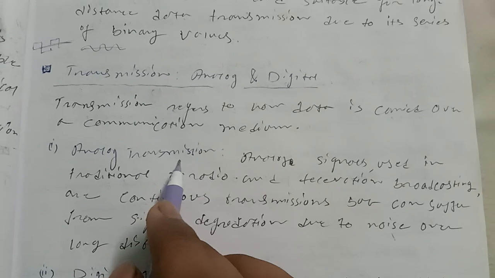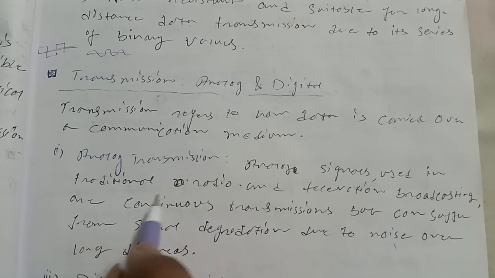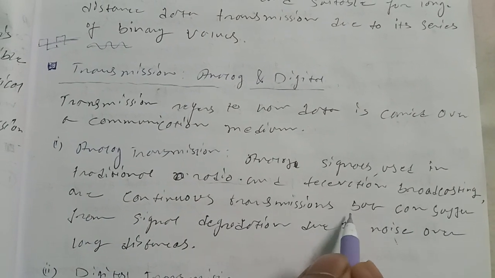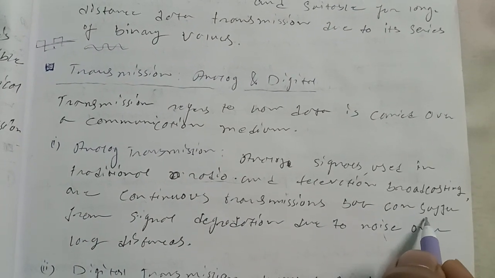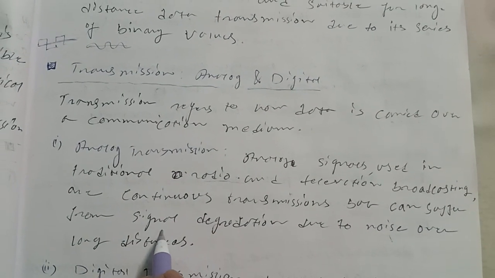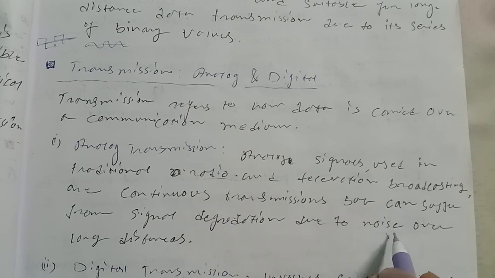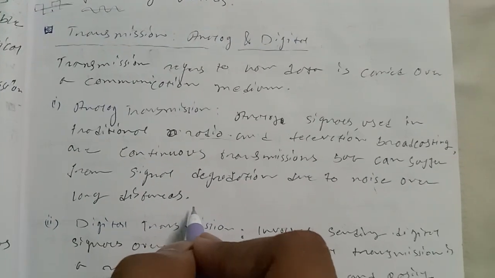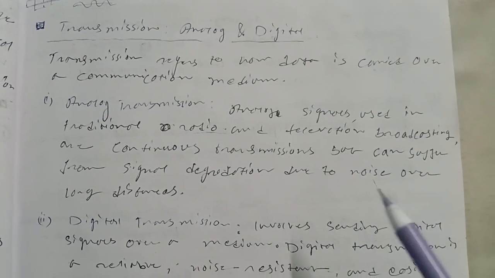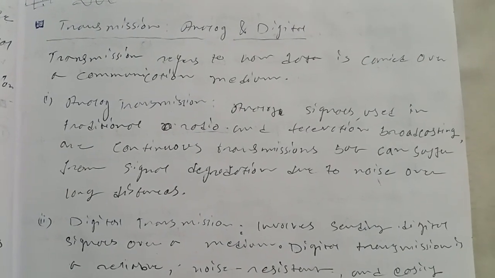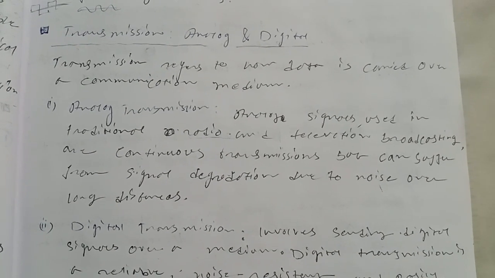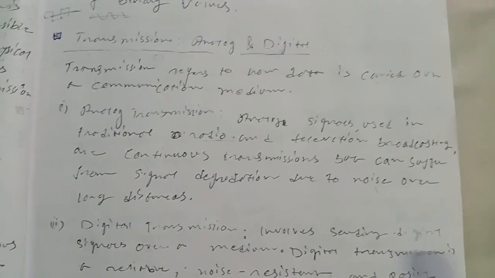Analog transmission: analog signals used in traditional radio and television broadcasting are continuous transmissions, but can suffer from signal degradation due to noise over long distances. It can be interrupted due to the long distance or noise. Basically, there are kinds of interruptions in the travel of analog signals in analog transmission.